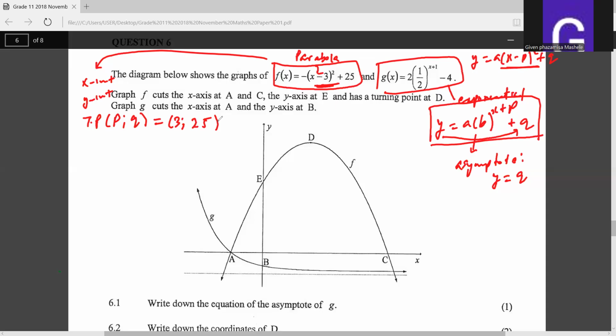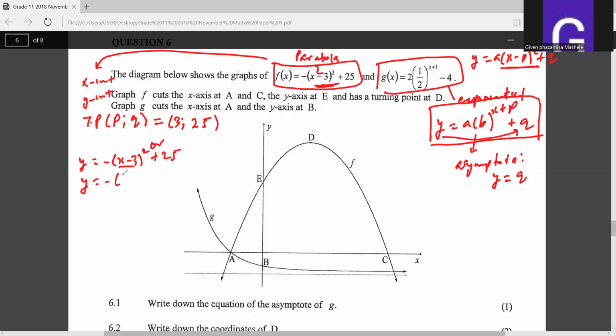But you can still confirm that by expanding the expression into standard form, then you use the axis of symmetry. The answer will still be the same. Which means we can rewrite this equation as y is negative into x minus 3 squared plus 25. Then we expand this.